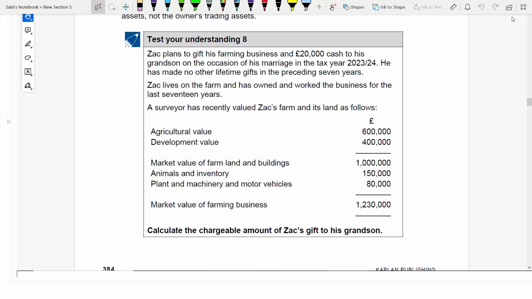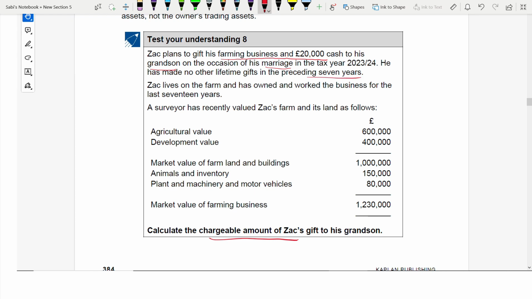Test your understanding 8. So in test your understanding 8, we have to calculate the chargeable amount of Zach's gift to his grandson. Here Zach plans to gift his farming business and 20,000 cash to his grandson on the occasion of marriage. He has made no other lifetime gifts in the preceding 7 years.